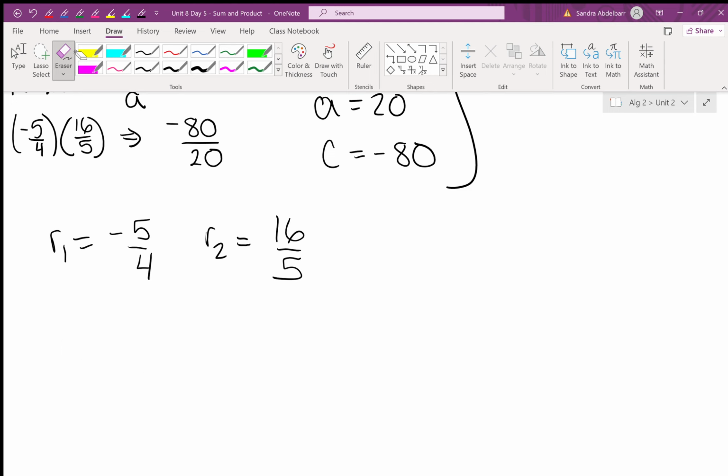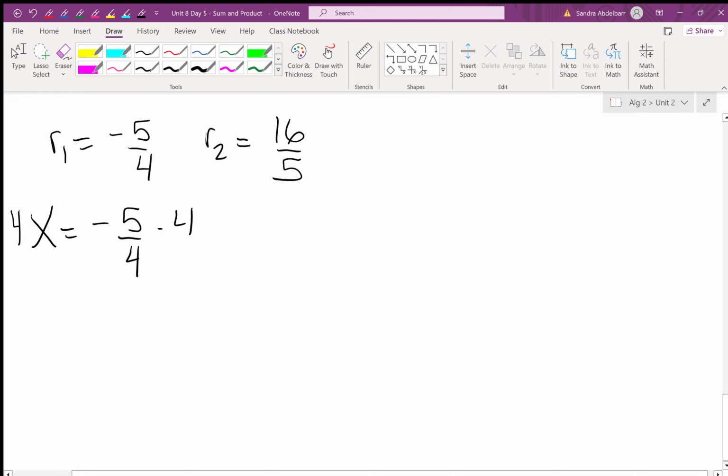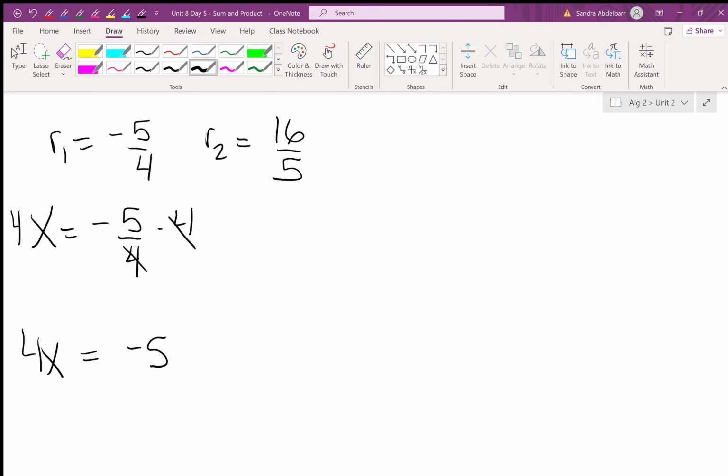Yeah, so remember, if this was x equals negative 5 over 4, we're sort of going to backtrack to the factors. How do we backtrack? The last thing we did was divide, so the first thing we'll do to backtrack is multiply. So this becomes 4x equals negative 5, and then what are we going to do? Add that 5 over. So 4x plus 5 would equal 0, so that was our factor, right?